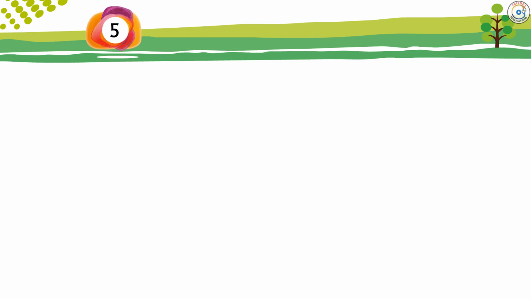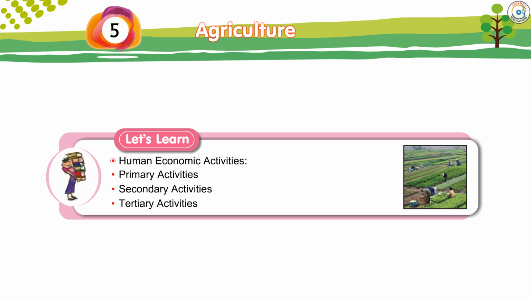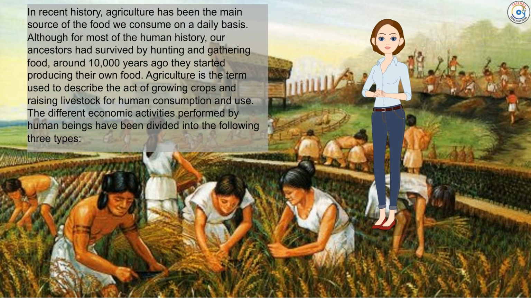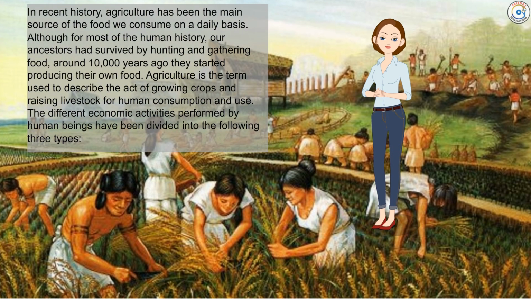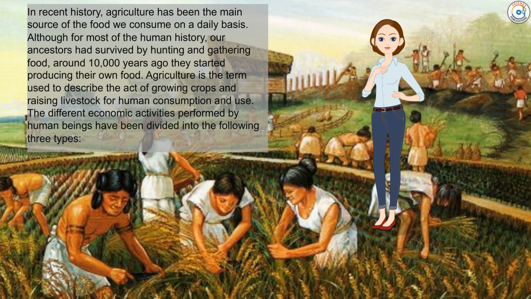Chapter 5 Agriculture. Let's learn human economic activities, primary activities, secondary activities, tertiary activities, factors affecting agriculture, types of farming. In recent history, agriculture has been the main source of food we consume on a daily basis.